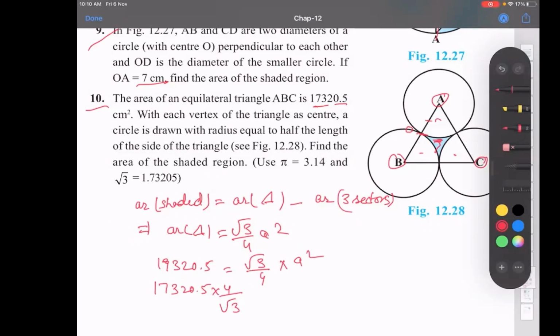Root 3 is equal to 1.7320. So we get 200, which means each side is 200 centimeter. So the radius is 100 centimeter.